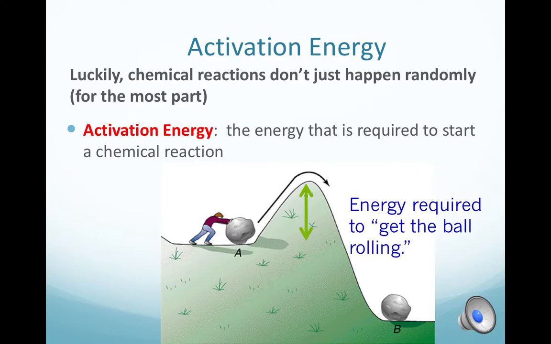And the activation energy is only lowered far enough for these chemical reactions to advance when enzymes are present in the cell. Again, activation energy is the energy required to start a chemical reaction. Another way to say this is that it is the energy required to get the ball rolling. As you can see here, the man at A is trying to push the ball up over the hill. That hill is what we call the activation energy.